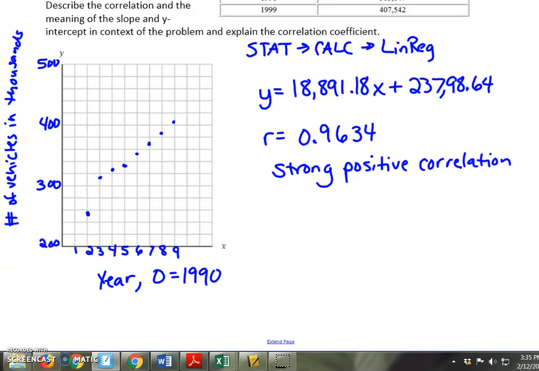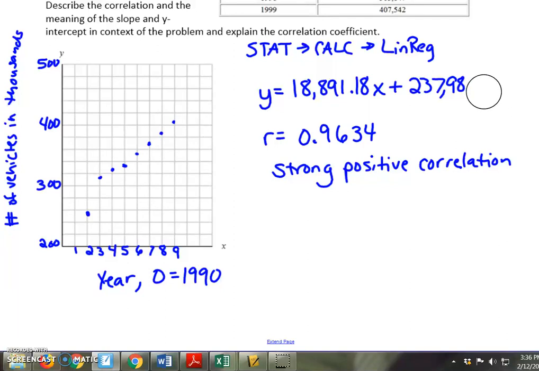Then the last part: we need to talk about what the slope is. The slope means that the number of cars increases by 18,891 for every year. The y-intercept means the starting point, when they first started making these vehicles, there were about 237,980.